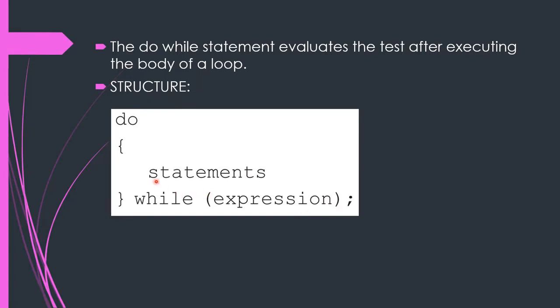So first of all, in a do while loop, the statements are executed once and then the test condition is evaluated. If it is true, the loop continues, and if it is false, then the loop is exited. This is how the do while loop works.